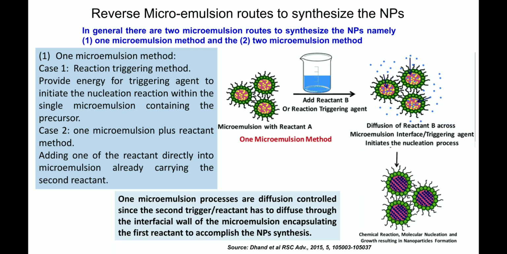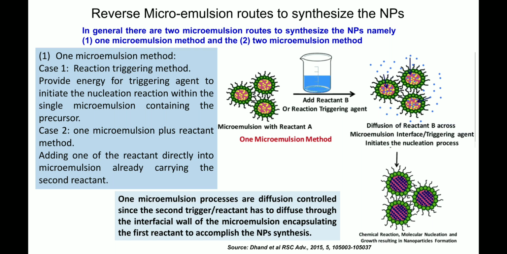Now in that water, reactant A is present, which is represented with the yellow dots. And if we add some triggering agent, then what happens? The triggering agent initiates the nucleation process, and the nanoparticles get formed inside the nanoreactor, or inside the micelle.